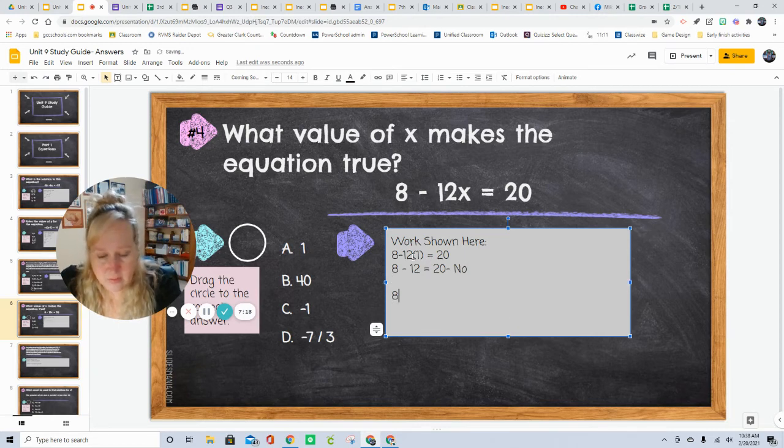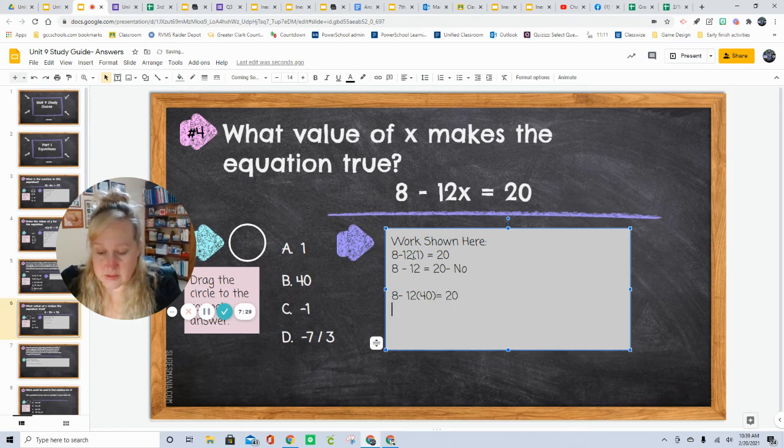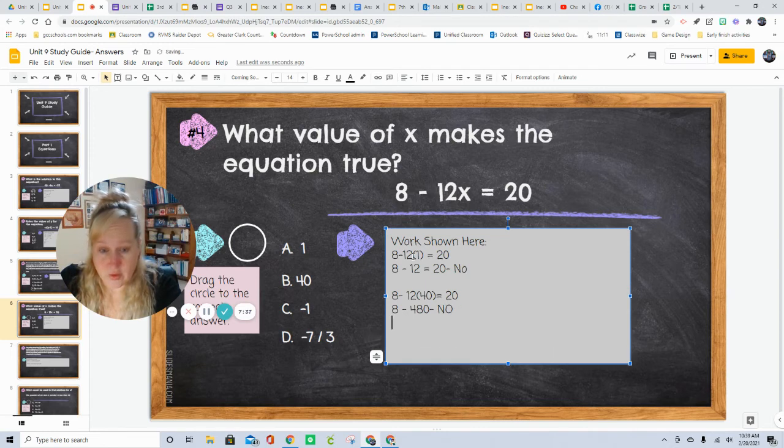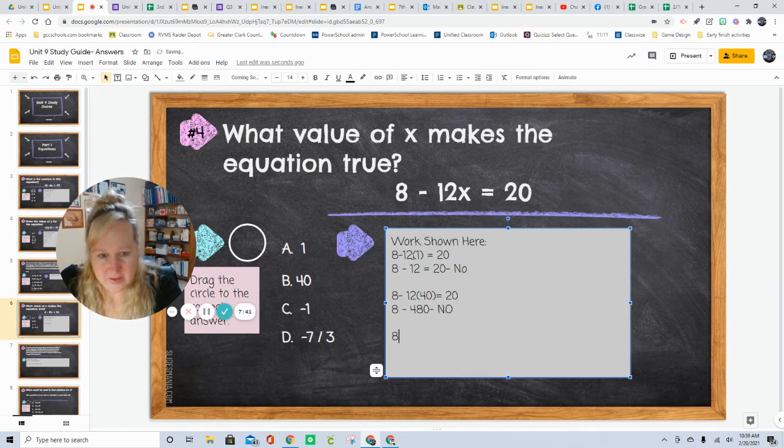8 minus 12 times 40 equals 20. So 8 minus 480. I'm just going to go ahead and put no. Let's try the next one, negative 1. So 8 minus 12 times negative 1 equals 20.